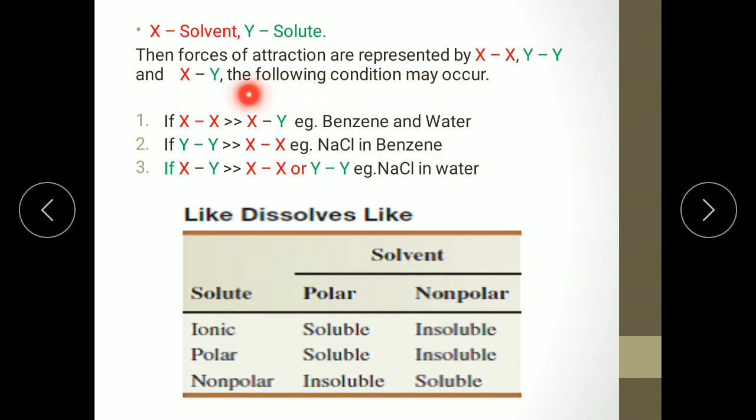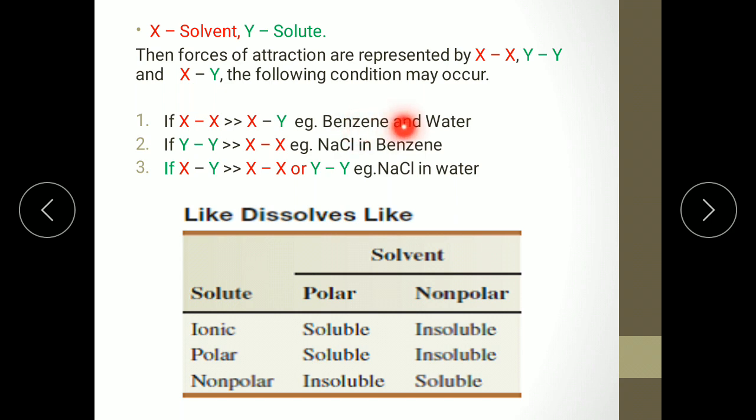Now there are three conditions mentioned here. Suppose bonding between solute and solvent molecule is lesser than the bonding between solvent itself and solute itself, then they will remain immiscible, or the solvent will not dissolve the solute.